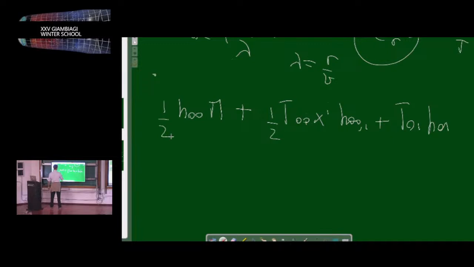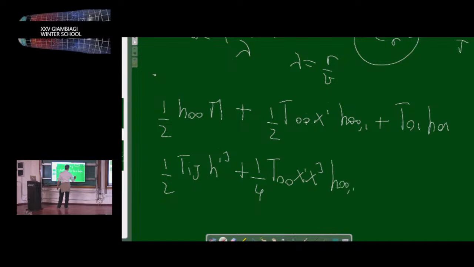And then I obtain Tij Hij plus 1/4 T00 xi xj h00,ij plus T0I xj h0I,ij. Okay?